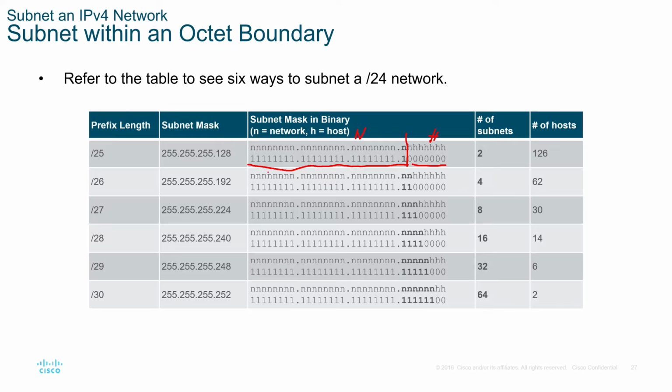We could also write this combination as capital N, capital N, capital N for the 255, 255, 255, and then small n followed by 7 small h's, indicating the host bits.